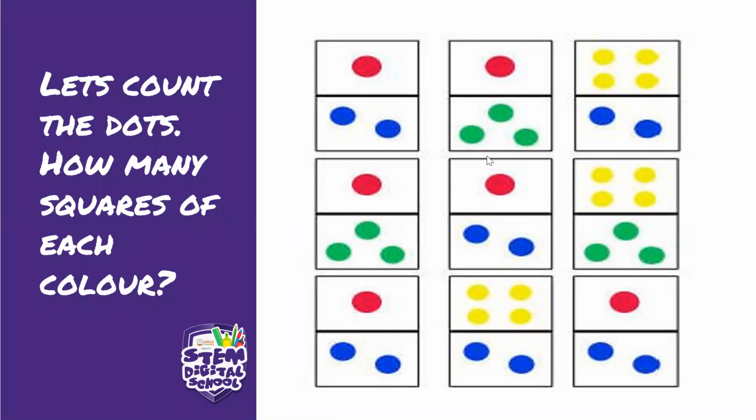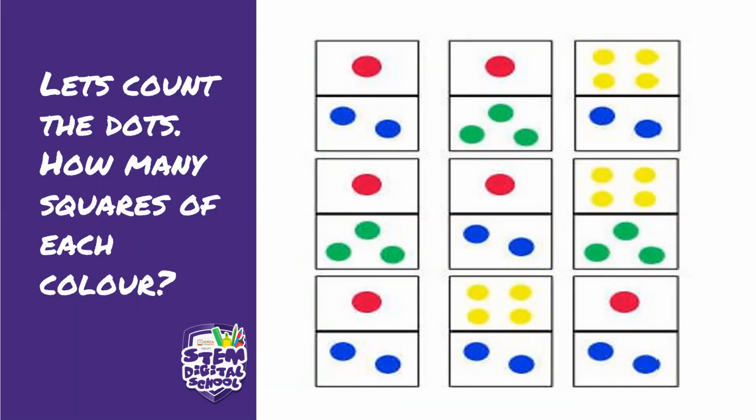The yellow. Yes, the yellow. Good job. The yellow because there are 12 and green is less because there are only 9.